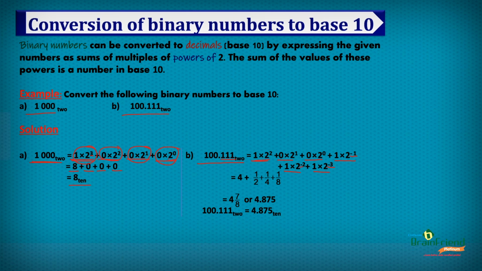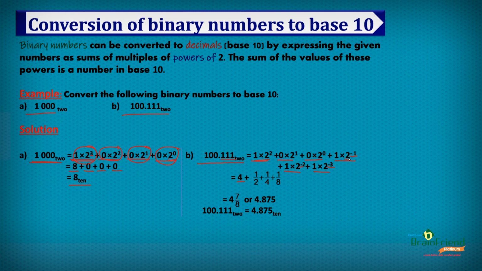The next step is to solve through. 2 raised to power 2 is 4. 4 multiplied by 1 gives us 4. 2 raised to power 1 is 2. 2 multiplied by 0 gives us 0, so we don't need to list it. 2 raised to power 0 gives us 1. 1 multiplied by 0 gives us 0.